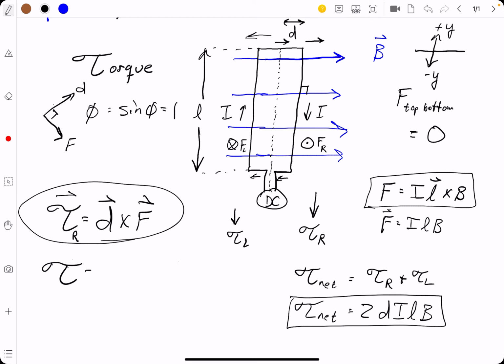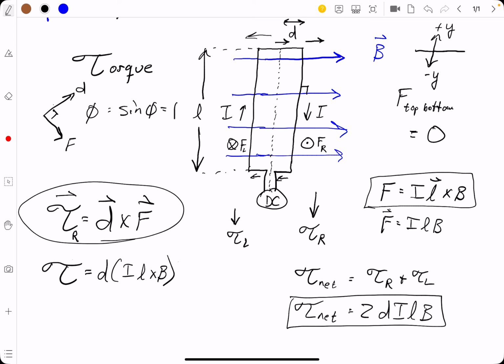But our torque, so we've got dF, but we still have F is IL cross B. Now here's the thing. This thing's going to rotate in B. So as it rotates, I cross B, is that going to change? None of this is going to change. I cross B. Our I is going down. It will always be going down, and it'll always cross B. I was wrong.